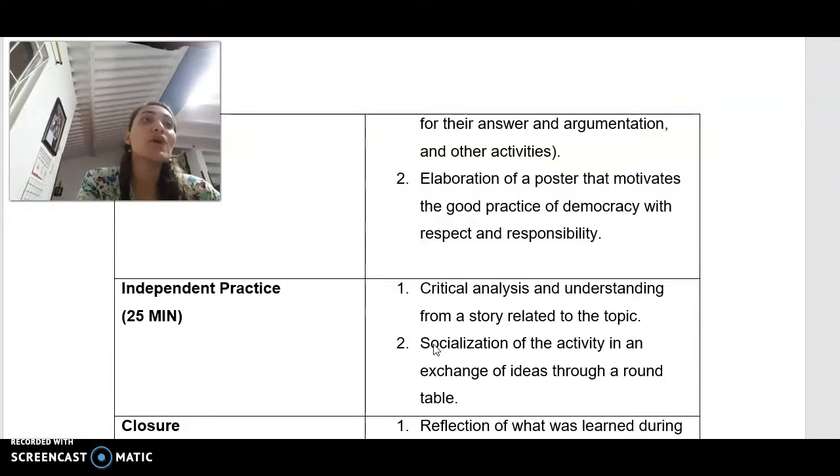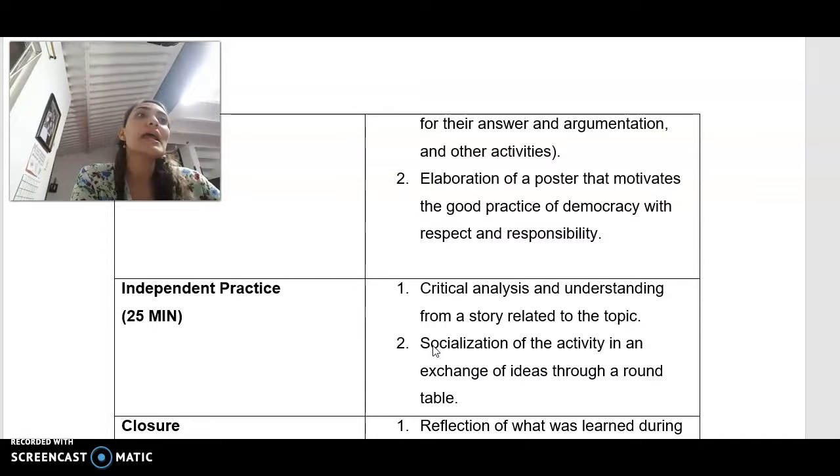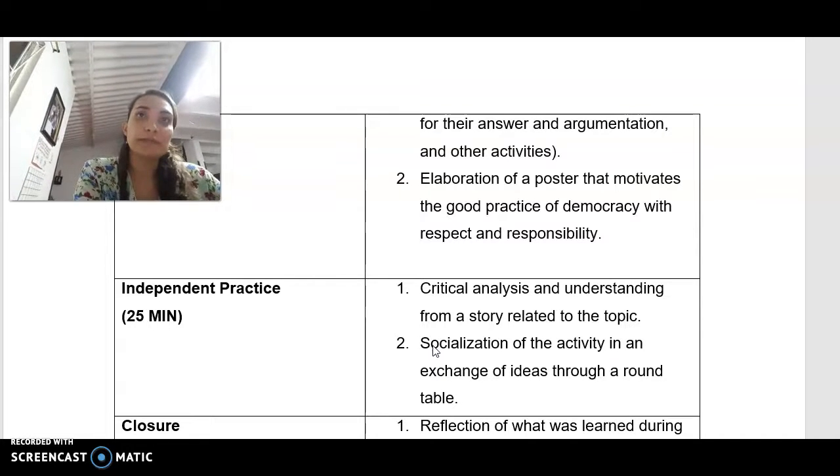Second, elaboration of a poster that motivates the good practice of democracy with respect and responsibility.